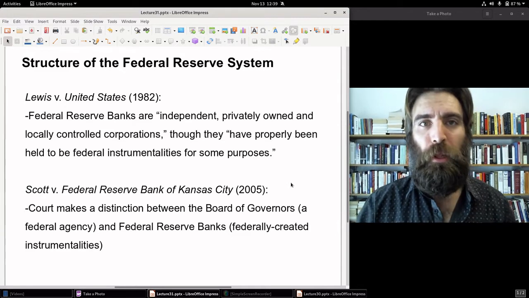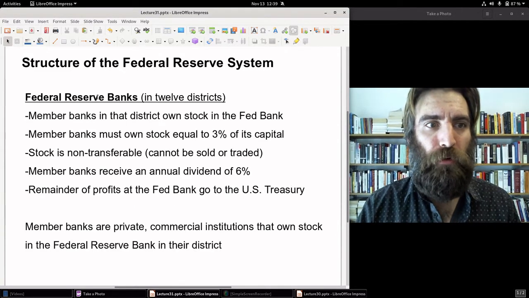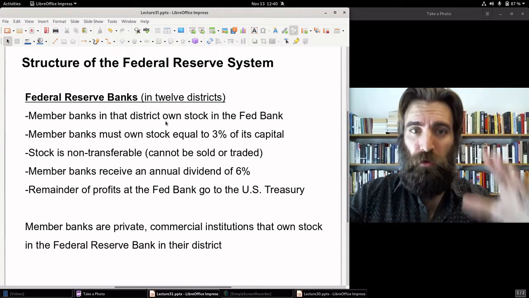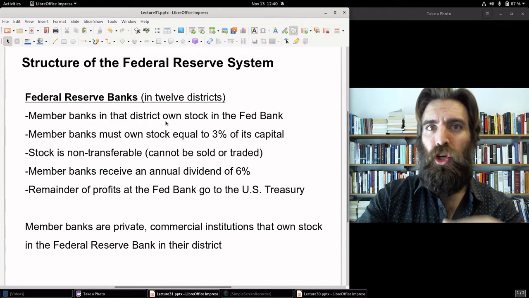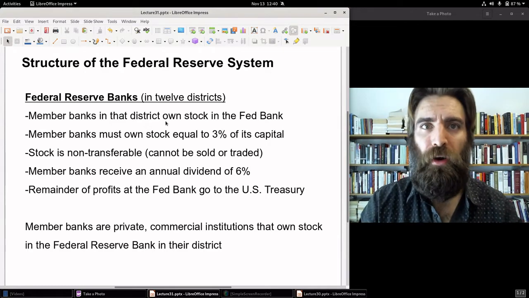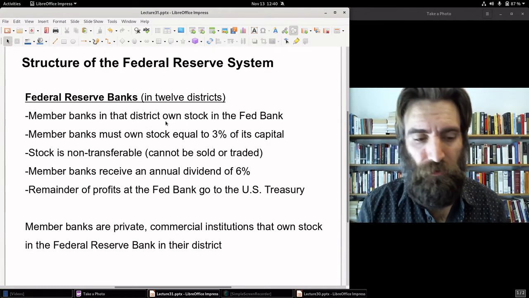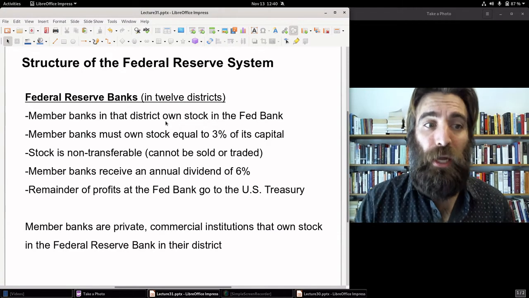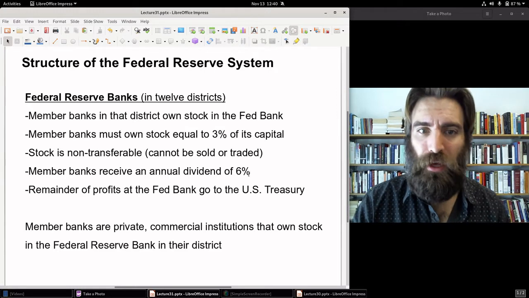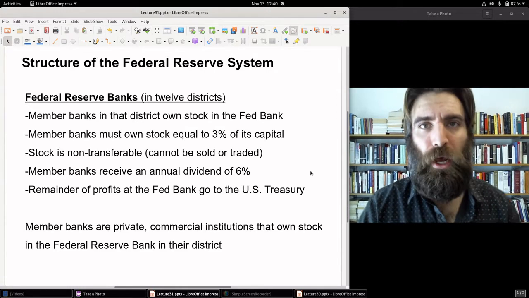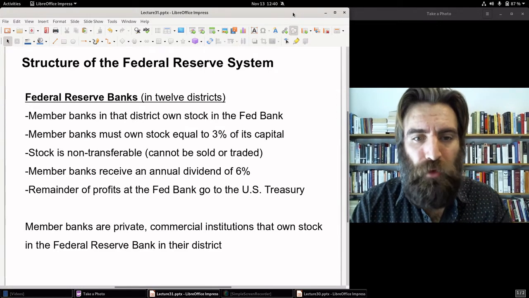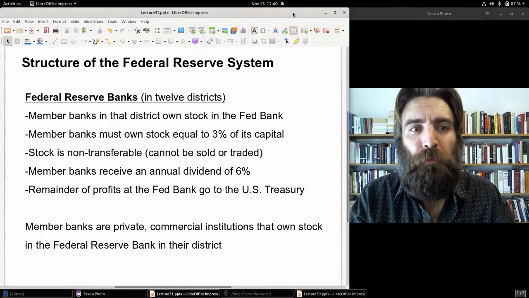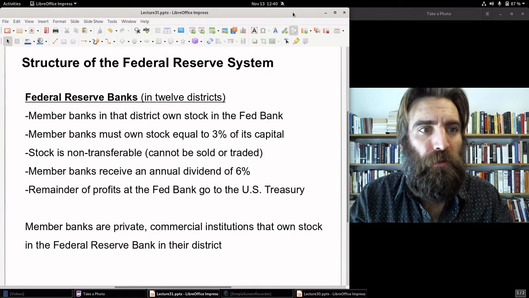For example, the member banks at the Federal Reserve cannot come together as the stockholders at that Federal Reserve Bank and change its charter or change its structure like any other corporation has the right to do. And again, they can't transfer their stock and have to give surplus dividends away to the U.S. Treasury. But they are essentially private institutions.